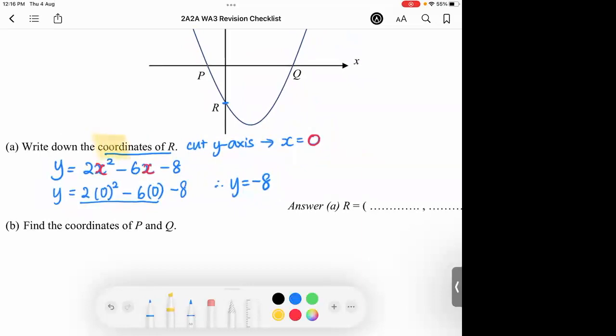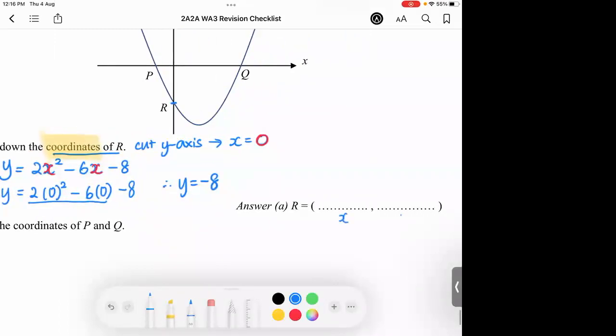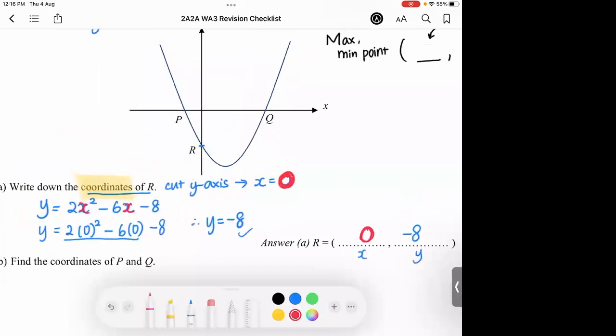Because the word says coordinates. If it says coordinates, it means got the x and the y value, correct? The y we found is -8. Then what is our x? Our x is 0, remember? Yes, our x is the number 0. So this is the answer for the first one, coordinates of R.